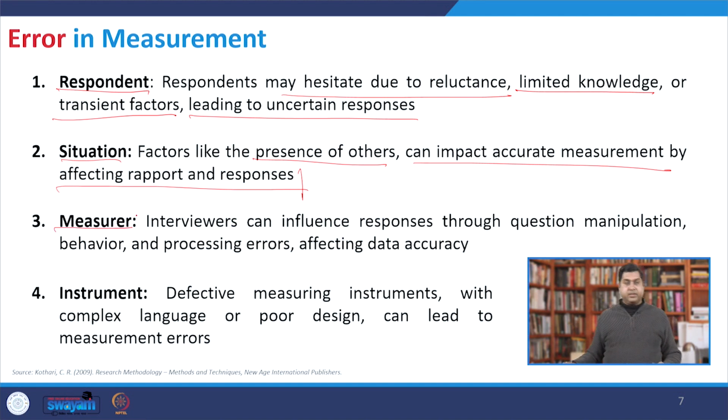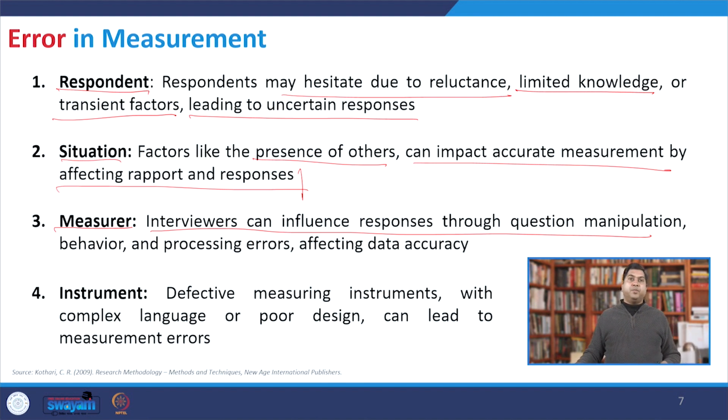Next is the measurer who is taking the measurement. Interviewers can influence the responses through question manipulation. Many times, if the interviewer is not very well trained, you may have thought of a question to ask in a certain manner, and the interviewer will just try to bring it into common words, and in that translation there is some kind of dilution of the concept.